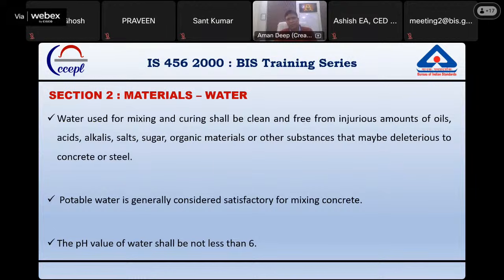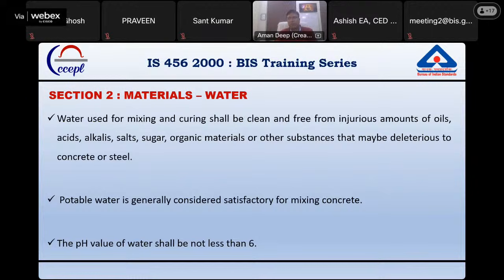constituting elements. And when we use water for curing, the curing water should also be clean, because curing water can also penetrate inside, and if it has harmful elements, it can harm the concrete. So generally we consider potable water to be satisfactory for mixing concrete.